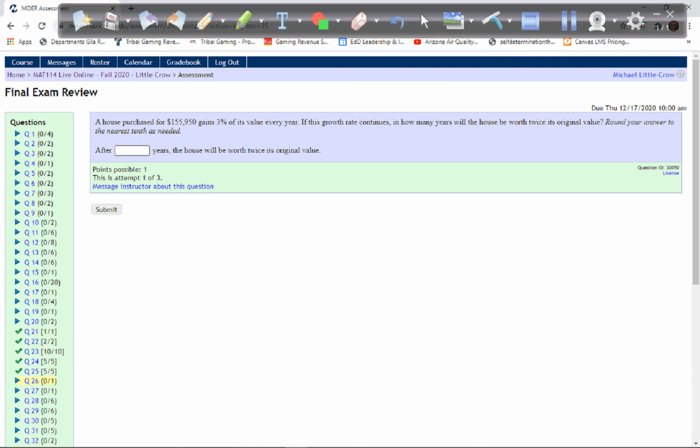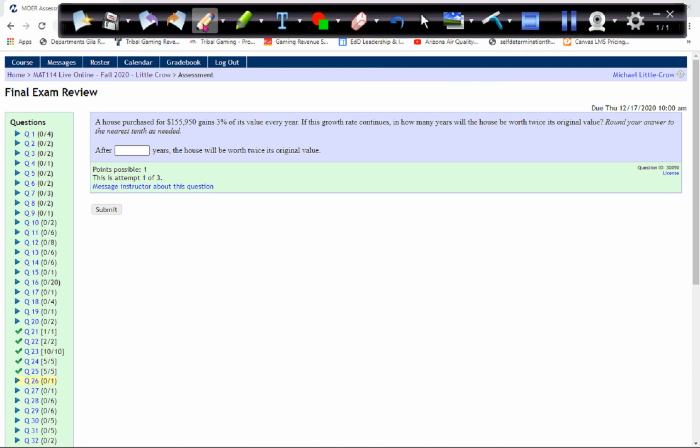Okay. And again, we're into the exponentials here because we're dealing with a percent. So I just start looking at numbers before I do too much reading. Okay, a house purchased for $155,900 gains 3% of its value every year, so consistently. If this growth rate continues, in how many years will it be worth twice its original value?